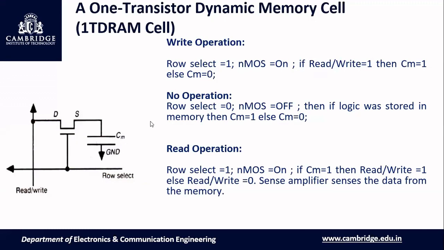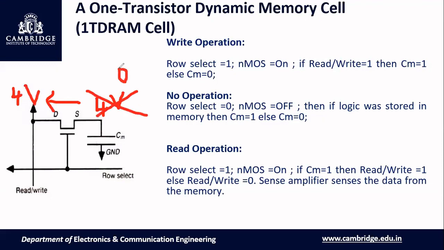So this cannot be used because there is no mechanism to hold the data for a longer duration. Once the data is read from this memory, it will be lost. That's a drawback of this memory. If you have stored 5 volts or 4 volts here, once this 4 volts is transferred here, this will become 0.